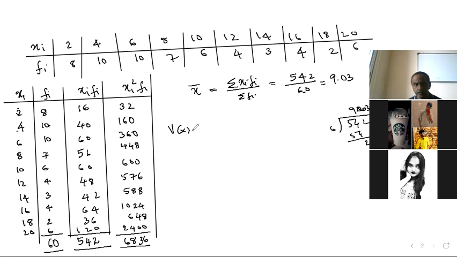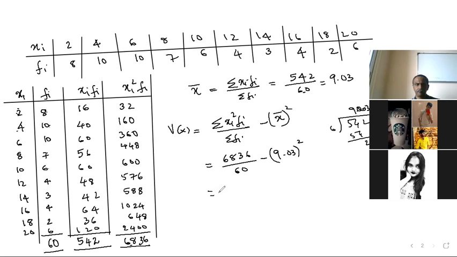The variance of x is sigma xi square fi upon sigma fi, minus x bar square, which is 6836 divided by 60 minus 9.03 square. 6836 divided by 6 gives 113.93. So 113.93 minus 9.03 square.